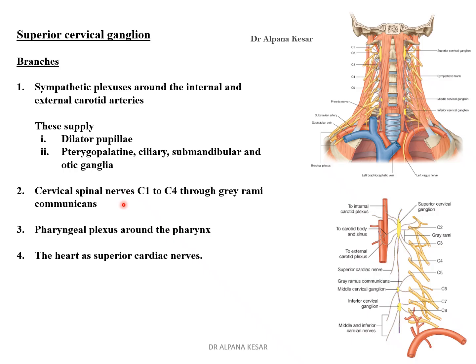The branches of the superior cervical ganglia are also distributed through the cervical spinal nerves C1 to C4. The superior cervical ganglia also gives branches that form the pharyngeal plexus around the pharynx. Superior cervical ganglia supplies the heart as superior cardiac nerves.